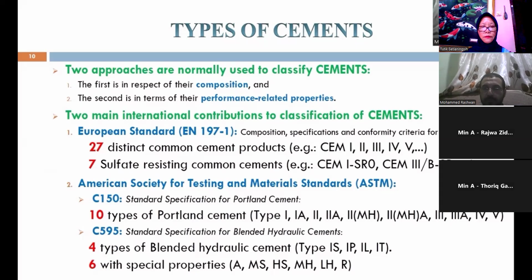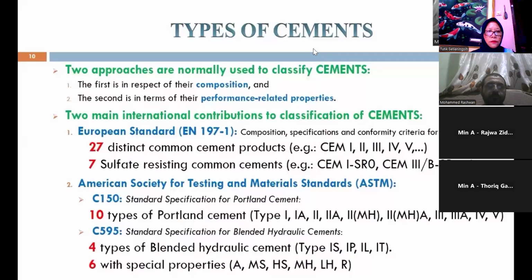And the other standard specification is C595, which is related to blended hydraulic cement. According to this standard, four types of blended hydraulic cement are classified: type IS, type IP, type IL, and type IT, and we will speak about these abbreviations later.